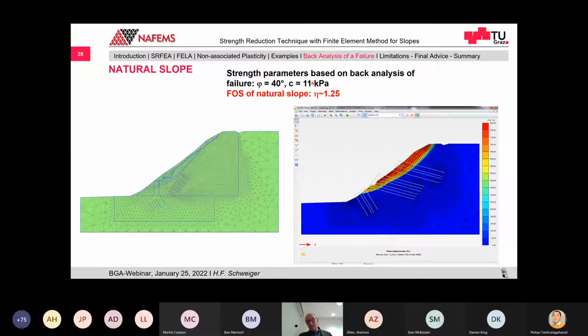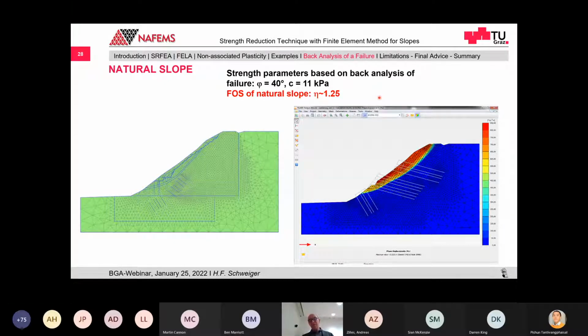We left that and we needed 11 kilopascal in order to get the failure, or you get a factor of safety of roughly 1. So that is reasonable actually, because of course the guy who did the geotechnical report wanted to be on the safe side, so he did not actually put in a cohesion.